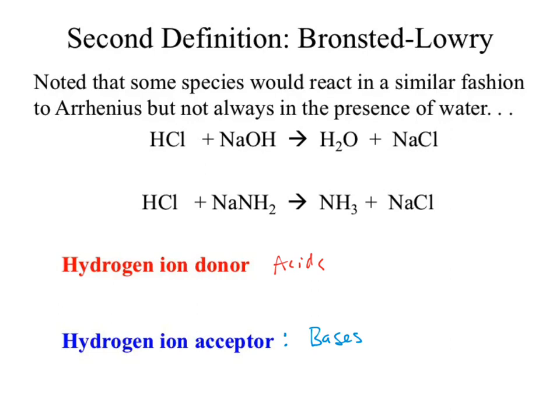So the definition is centered on the hydrogen ion. This definition also has some massive flaws behind it, but it's broad enough that it encompasses a lot more reactions than the Arrhenius definition did.